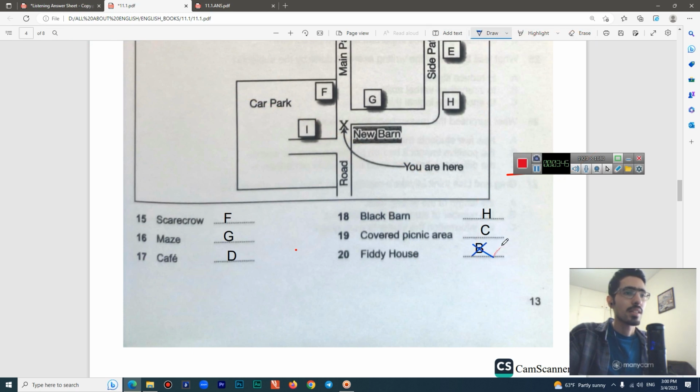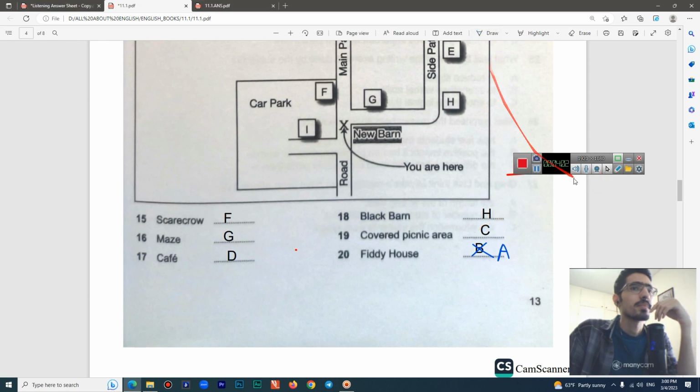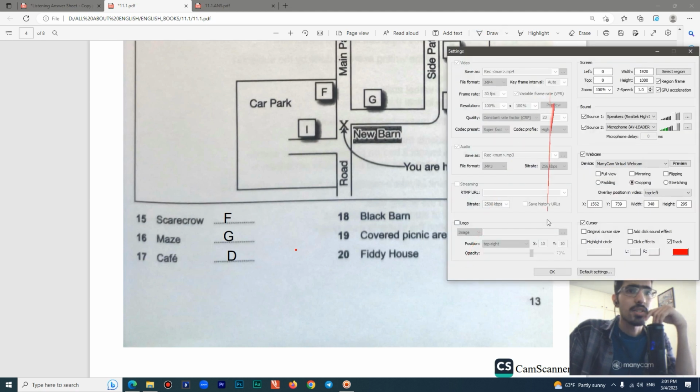The answer is A. So you see, so far I have 2 mistakes in section 1 and section 2. What about you? How many mistakes did you have? Try to answer these questions with me so you know what is happening. You can kind of test yourself.